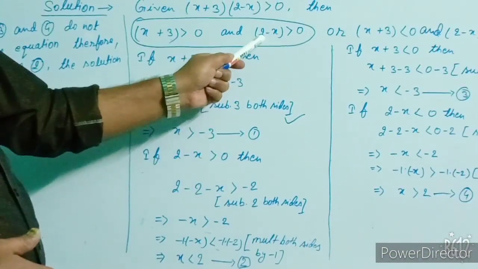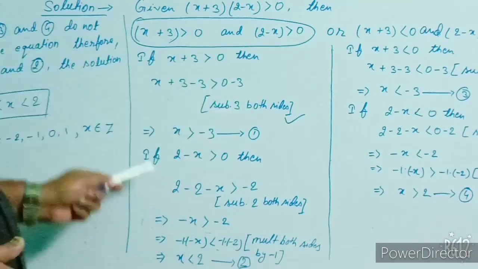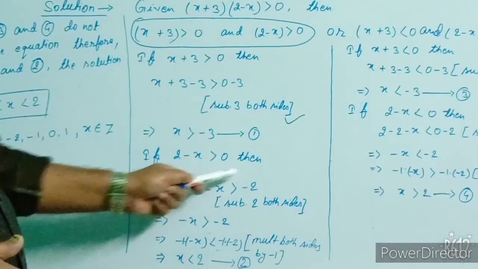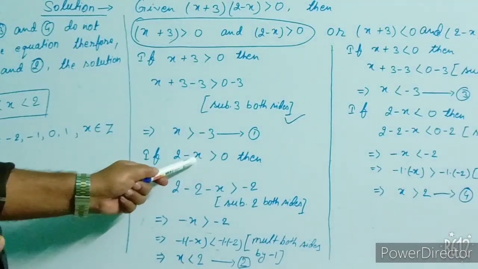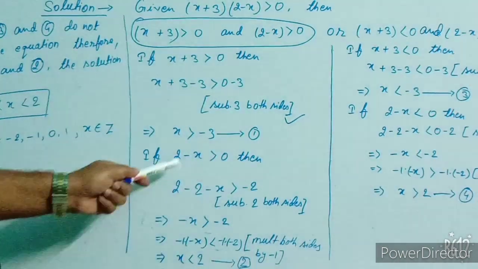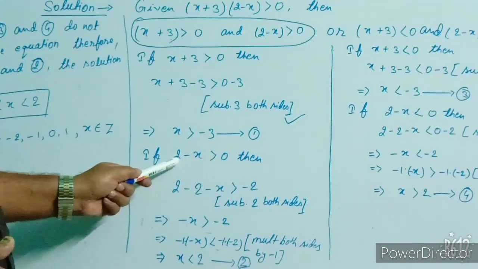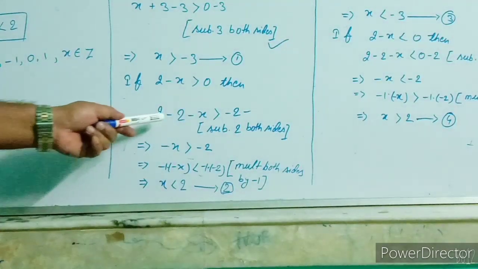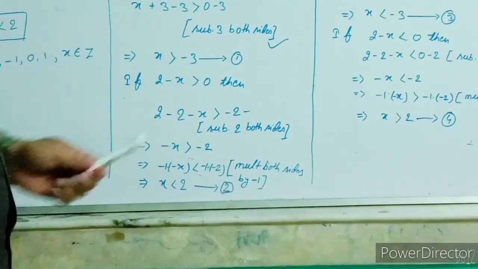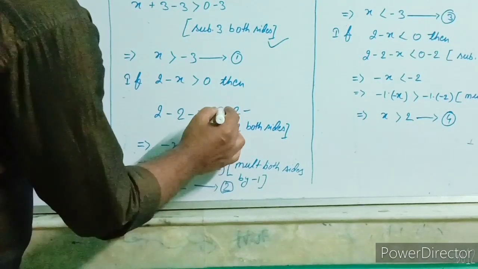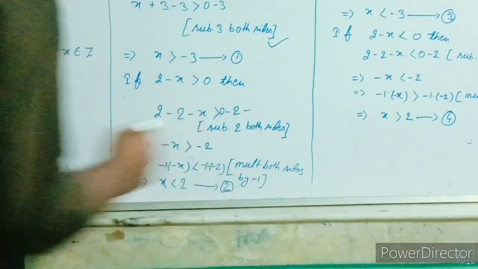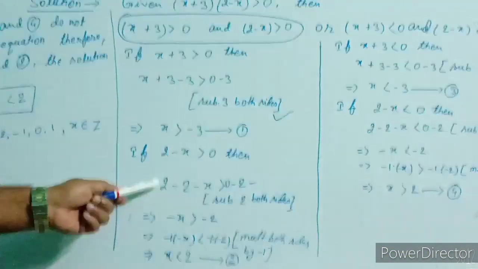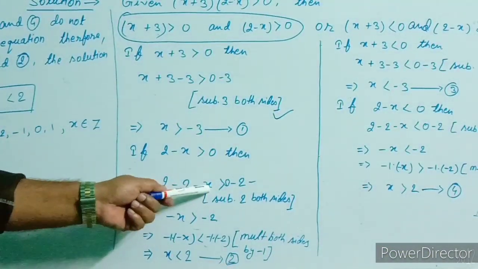Now I have taken 2 minus x is greater than 0. Then we will make x alone, cancelling this 2. To cancel this 2, we will subtract 2. This side also we subtracted 2 from 0. Now what we are getting: plus 2 minus 2 cancel, and minus x is left.